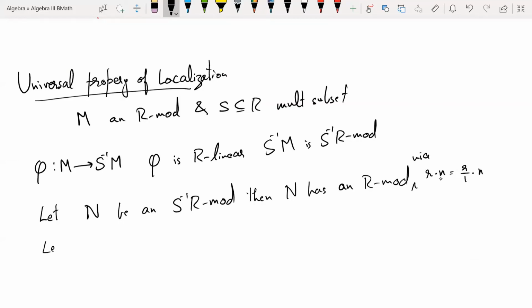Let theta be a map from M to N. S inverse M is the object whose universal property we want to prove, and M is just an R module, so all you can assume is that theta is R linear.